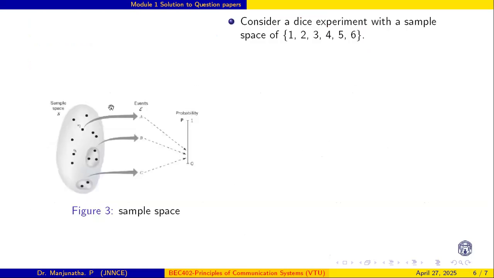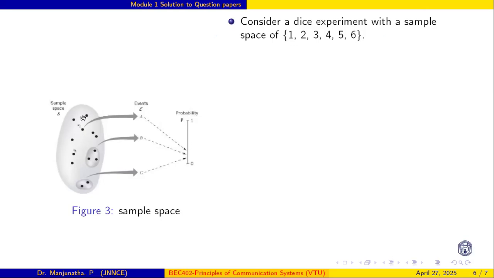Next, this is the one diagram here. This is the sample space, and these are all the events going to occur, and for each event a probability is assigned. That assigned probability is between 0 and 1.